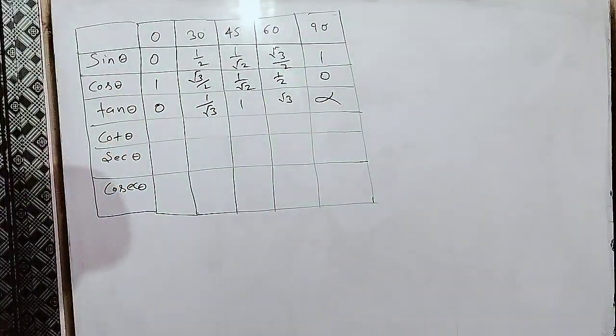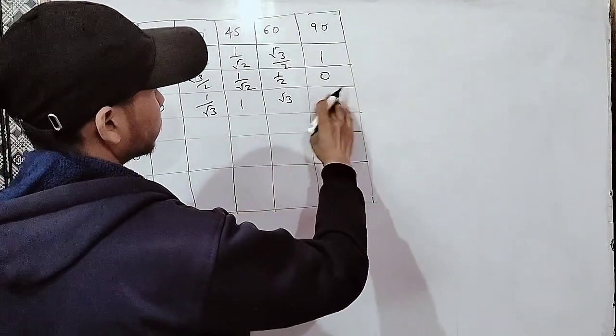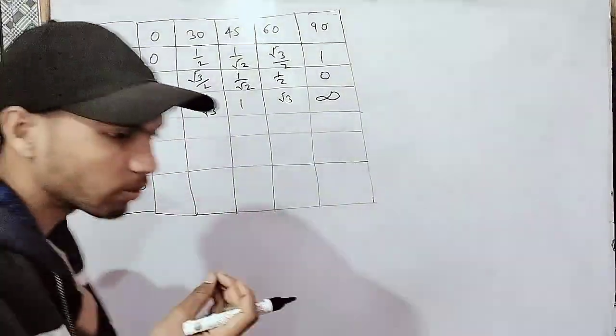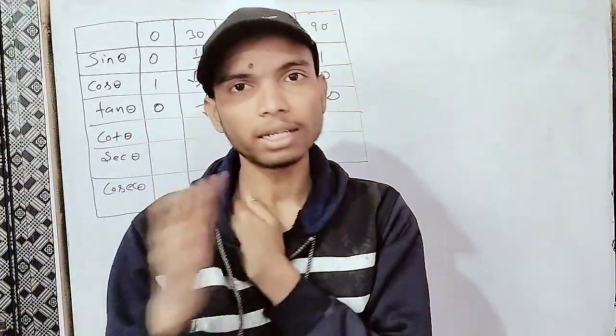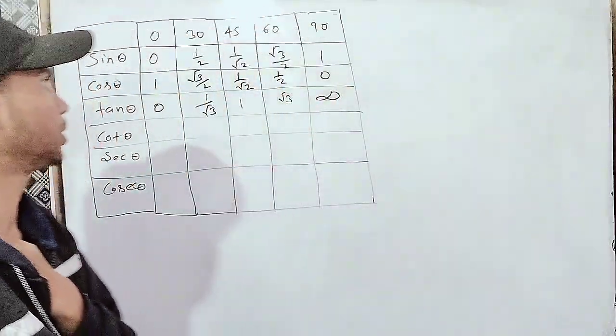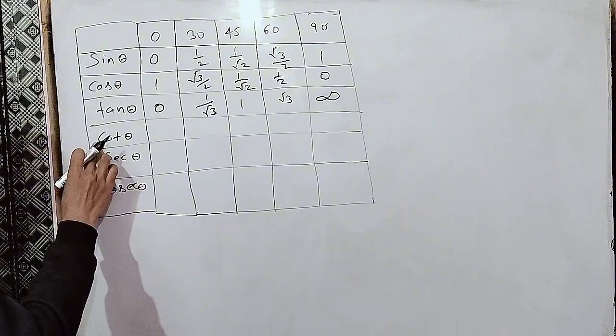Whenever we divide a number by 0, we write infinite.